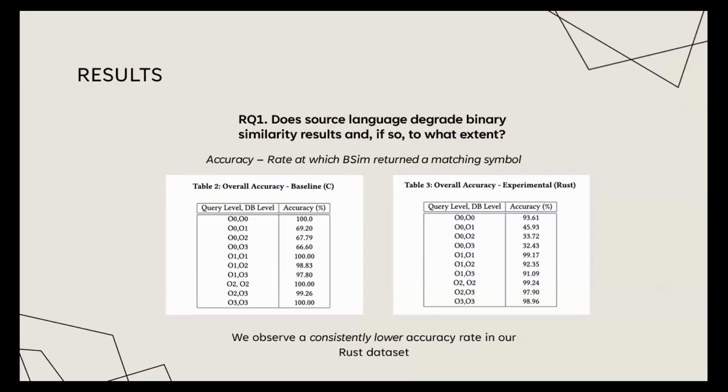So our first question was really just, is there an effect? Does this thing even exist? Does source language degrade binary similarity results, and if so, to what extent? Here we're recording accuracy, which is really just, is BSIM returning the correct function? We compile with all the debug symbols for our ground truth.